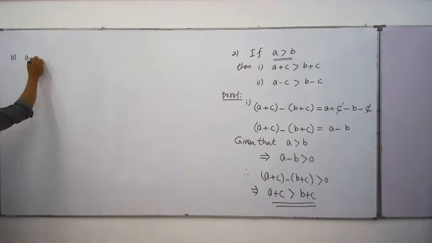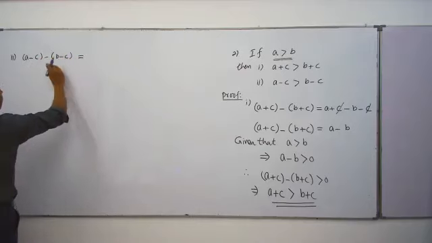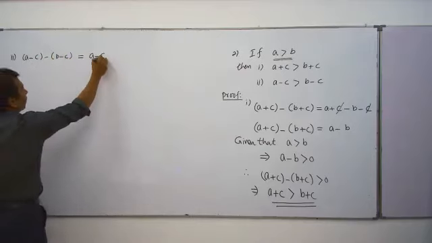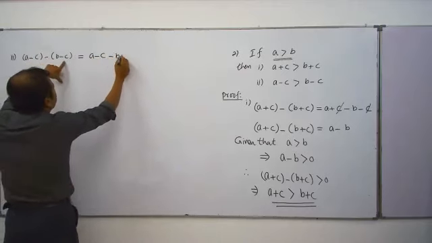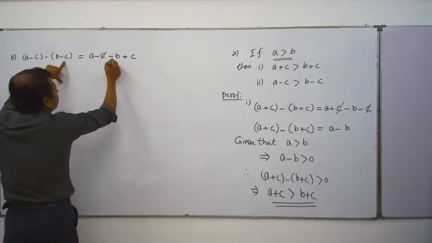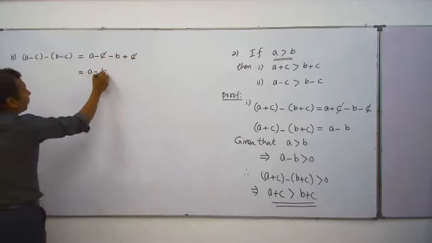I'll take a minus c. From this, we subtract b minus c. And we simplify this. A minus c, remove the bracket by multiplying the minus sign, minus b plus c. These two you can cancel now. This is a minus b.